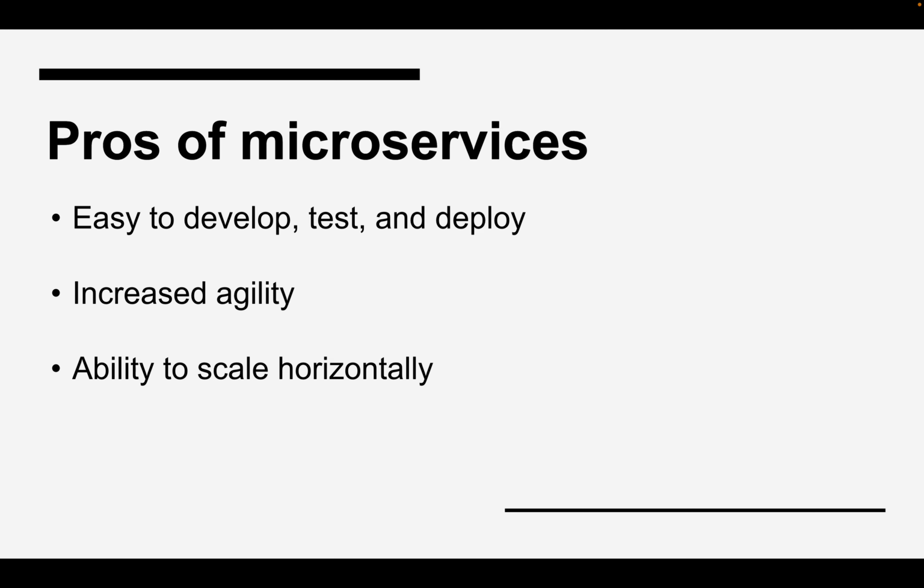So you don't need to scale your entire large code base because you only have network load, for example, in one service. You just need to scale that service, not the entire system.